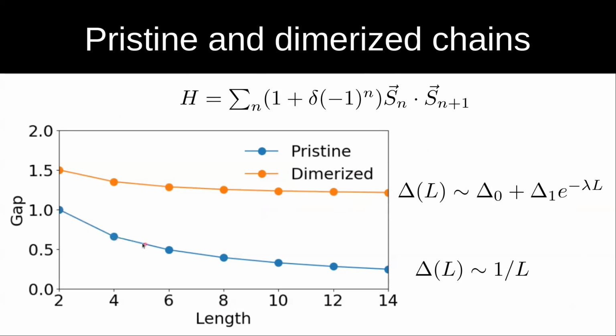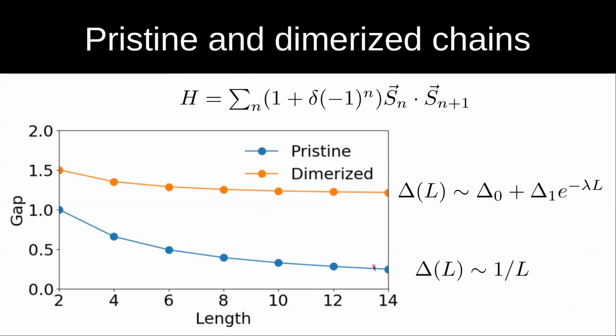Then it becomes smaller, and smaller, and smaller, and so forth. As you make the system bigger and bigger, it becomes smaller every time, but the way in which it decreases is actually fairly slow. It follows a power law behavior, a 1 over L behavior. So around this system size, you are getting close to what you can compute with exact diagonalization in a classical computer, and you see that even in this limit, you cannot be convinced that the system is gapless.